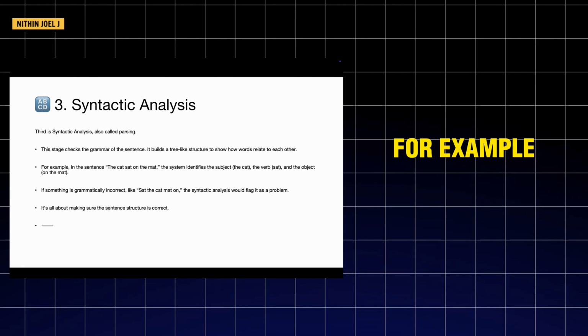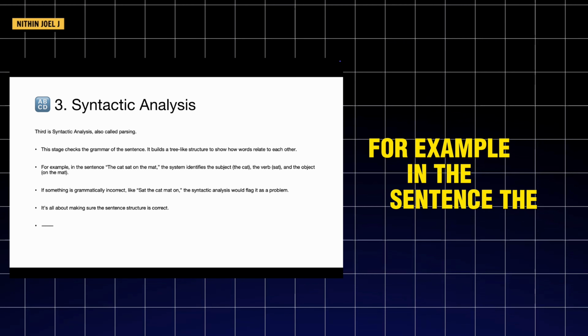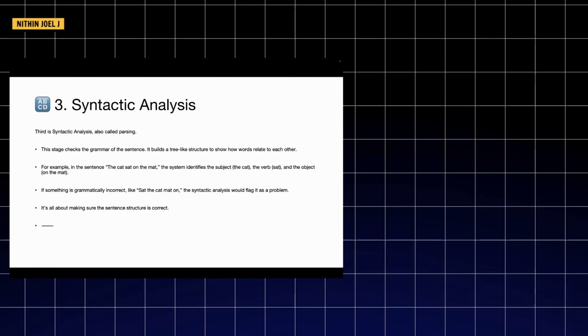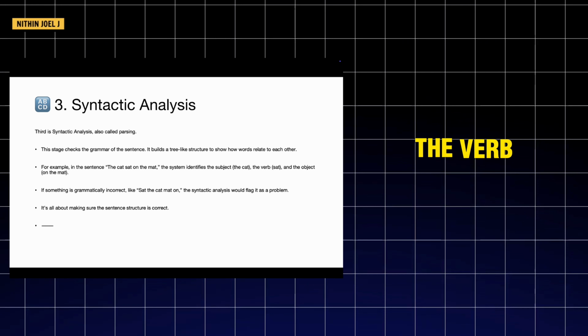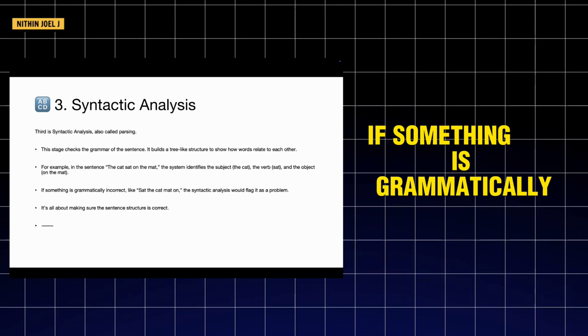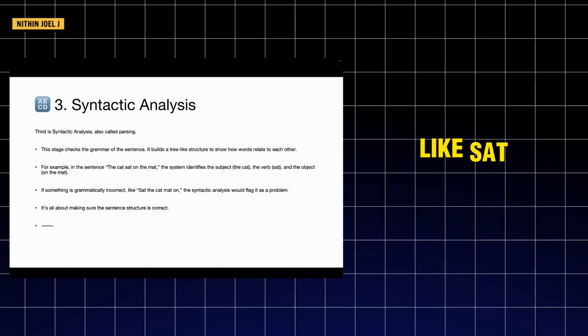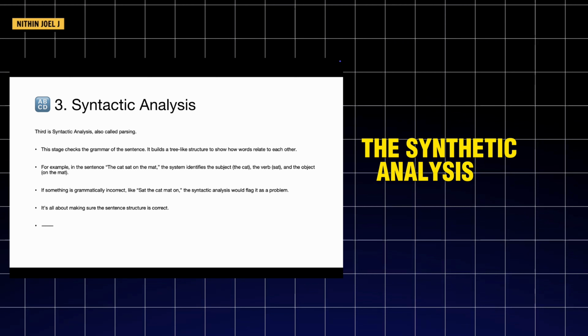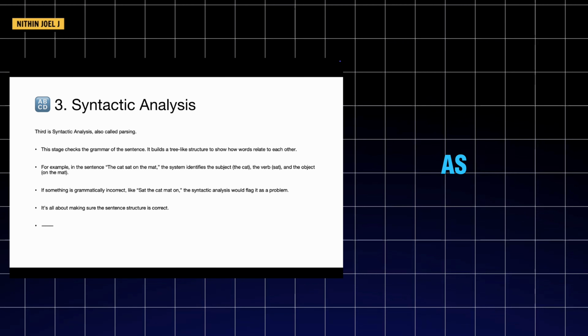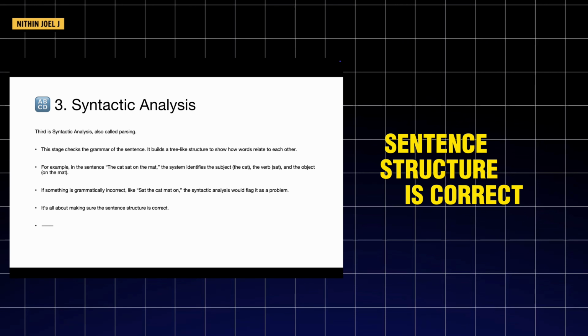For example, in the sentence, the cat sat on the mat, the system identifies the subject, the cat, the verb, sat, and the object, on the mat. If something is grammatically incorrect, like sat the cat mat on, the syntactic analysis would flag it as a problem. It's all about making sure the sentence structure is correct.